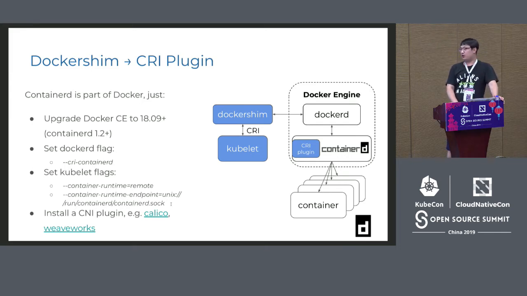Then you add several flags, so that you do not talk with the original Docker Shim, but with containerd, and you should ensure that you have a CRI plugin. Then if everything's ready, it's done. Then you already have containerd. So actually we're still using Docker, but a new version of Docker.